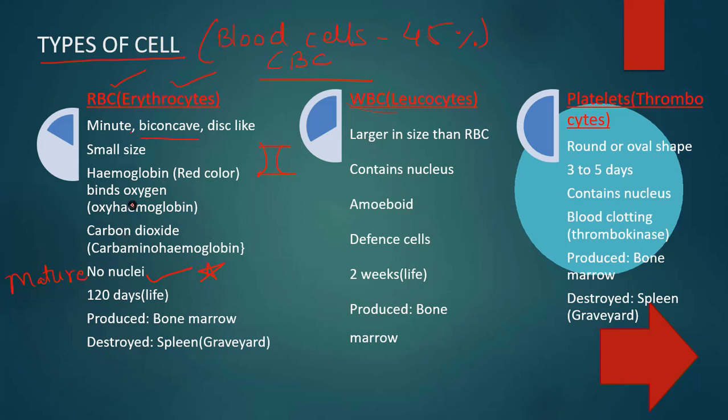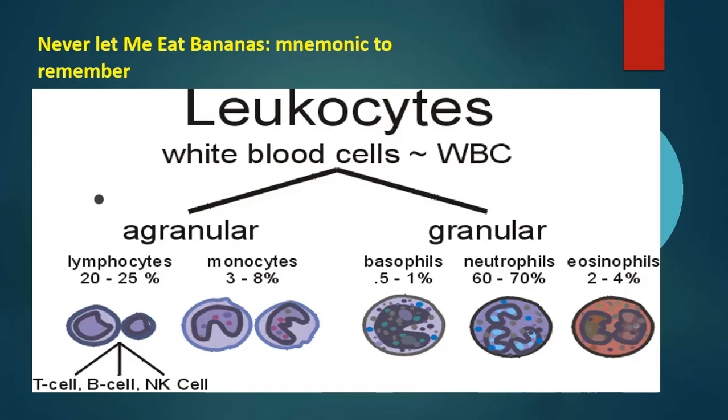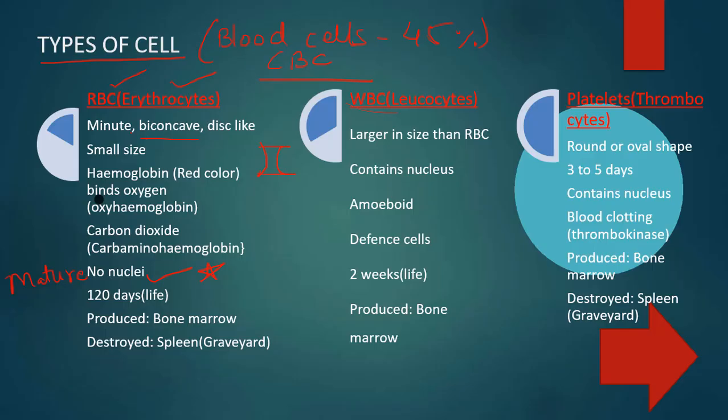The function of this RBC is carrying oxygen to each and every part of your body. This is what we are discussing in this chapter, transportation: once the oxygen enters your lungs, how is it transported to all parts of the body?